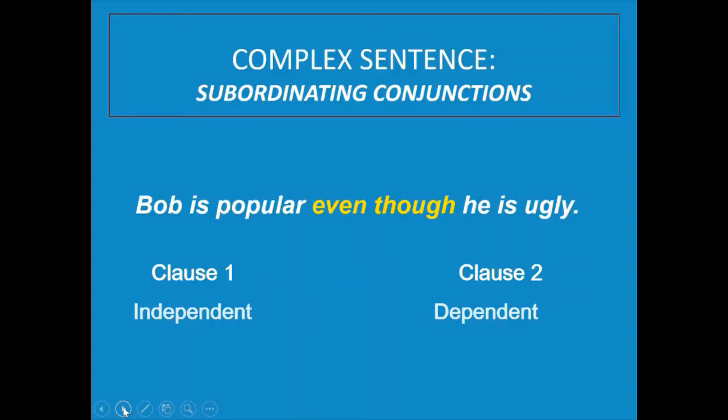That part is the dependent clause. Now, when we say Bob is popular, we get a full meaning. It is the independent clause. But when we say even though he is ugly, we have to take that part together with the subordinating conjunction. It is the dependent clause.